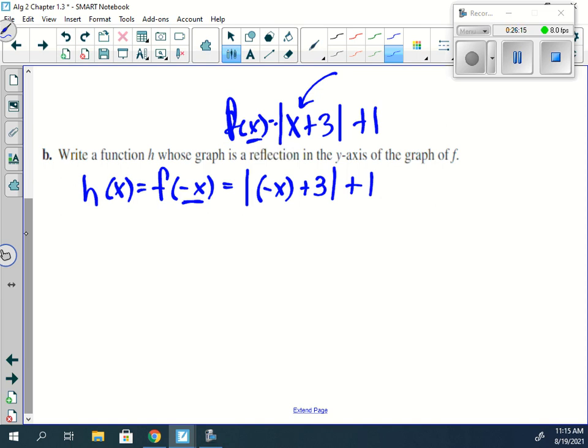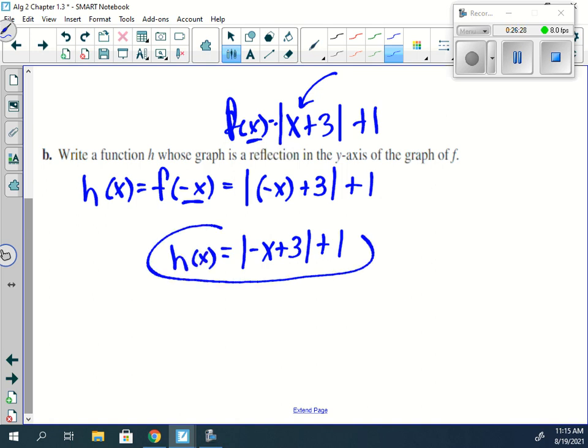Now, since there's nothing being multiplied by x that we need to resolve, we can just drop the parentheses and have the absolute value of negative x plus 3, plus 1. That's it. Any questions on any of this here so far? All right.